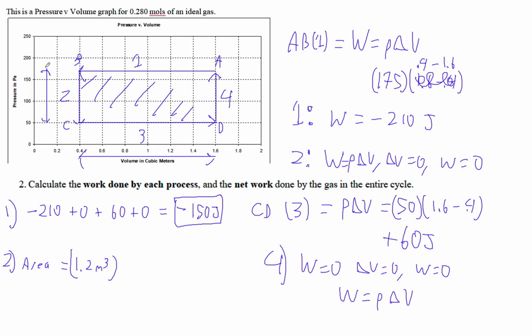So what is that? 50 to 175. Is that 125? It is, indeed. So it's 125 pascals. So 1.2 times 125. This is the area inside, and I get 150. And because it's anti-clockwise, going this way, it's going to be negative 150.